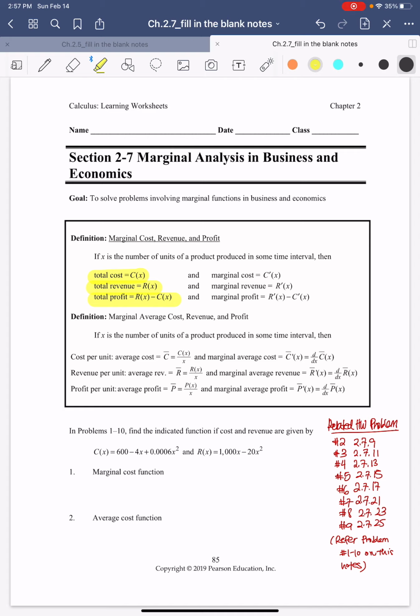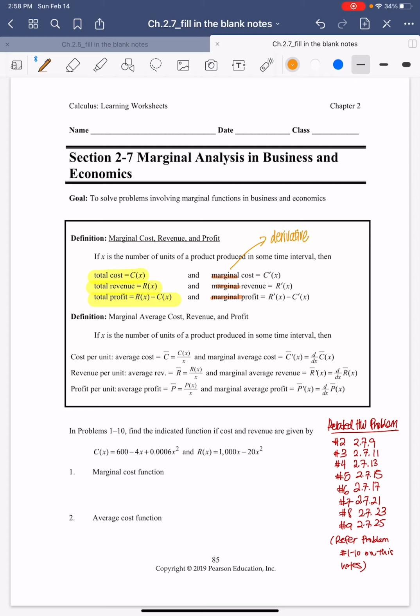Now, when we use the word marginal, that's when you start taking the derivative. So marginal cost means whatever the cost function, you take the derivative. I associate the word marginal with the term derivative. Anytime I see a marginal, oh, that's a derivative function.